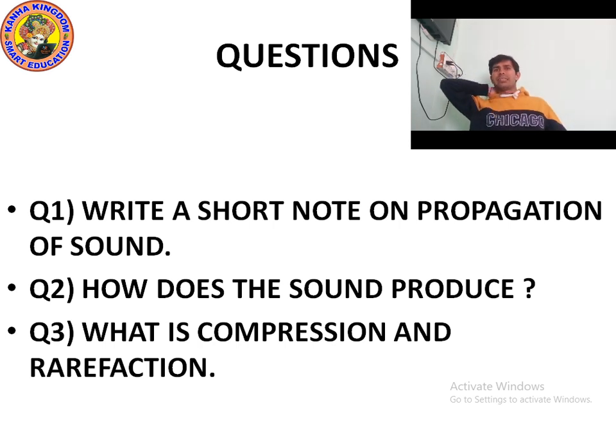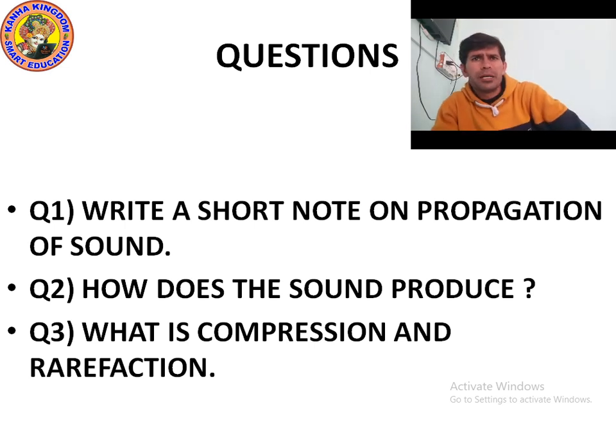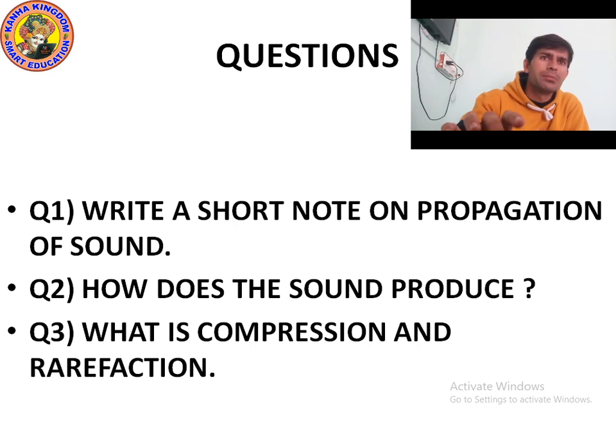Then it exerts a force on the adjacent particle, which is displaced from its position of rest. After displacing the adjacent particle, the first particle comes back to its original position. The process repeats in the medium till the sound reaches the ear. So the disturbance produced by the vibrating body travels through the medium, but the particles do not move forward themselves.